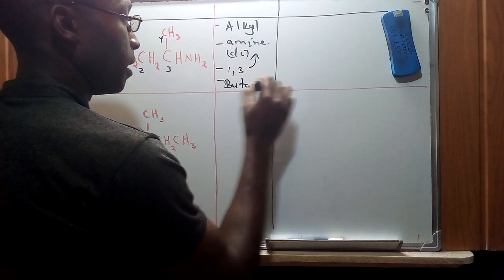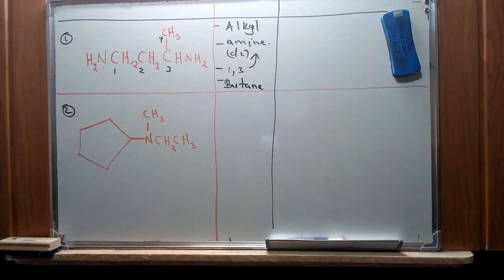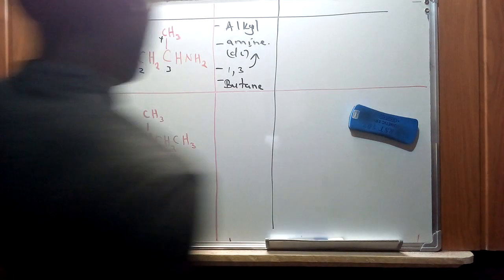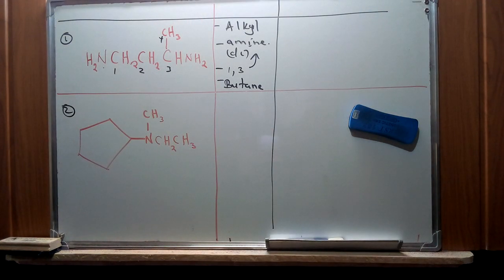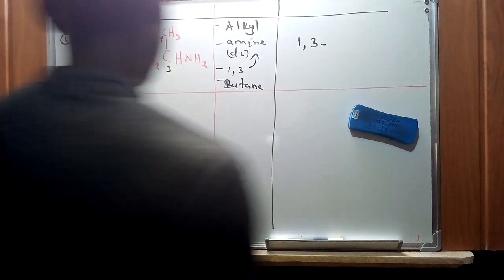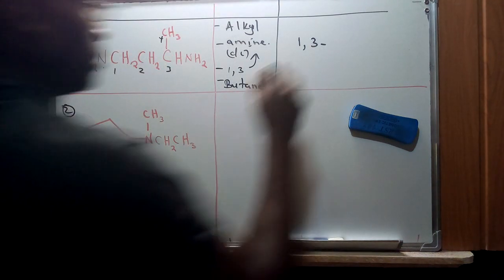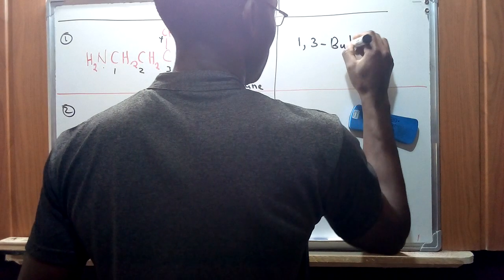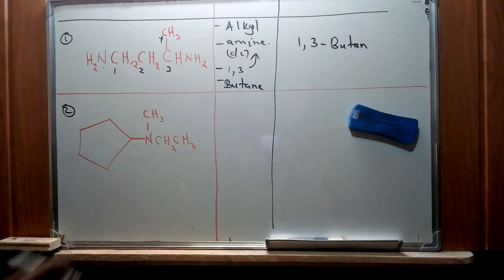In trying to name this particular compound, we're going to give the substituents, the position of the substituents, and maybe the position of the functional groups, and that is going to be 1, 3. Then 1, 2, 3, 4, so this is but, so this is butane diamine.